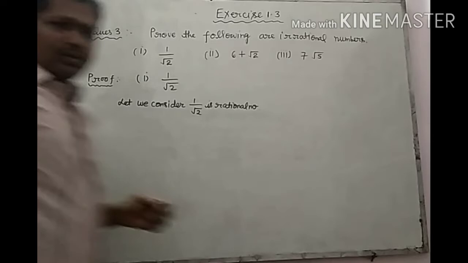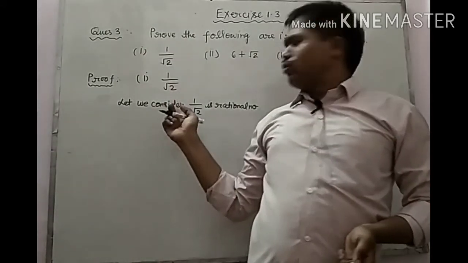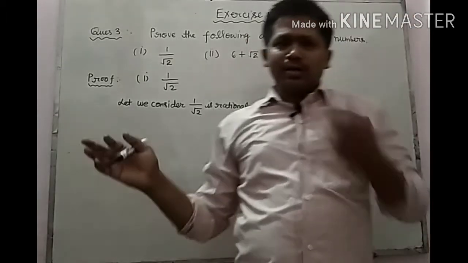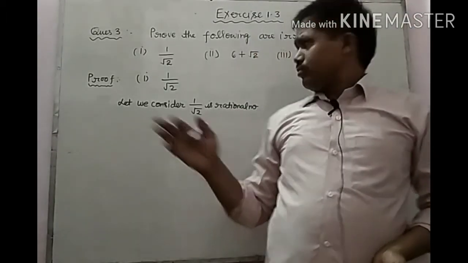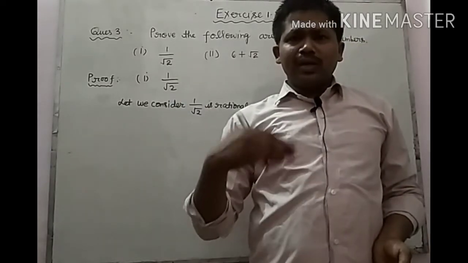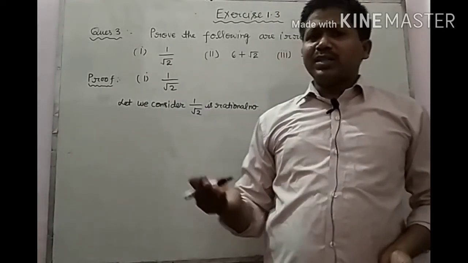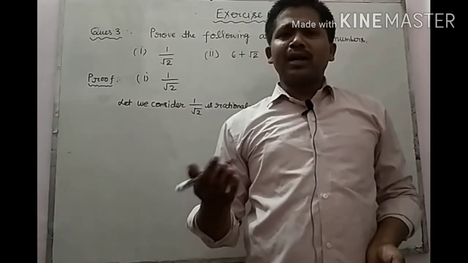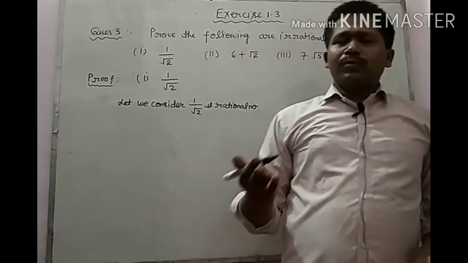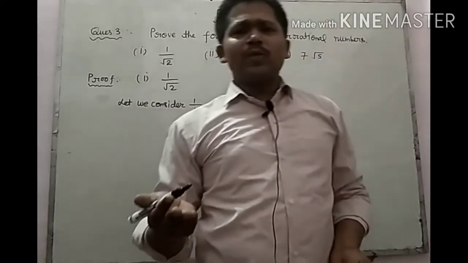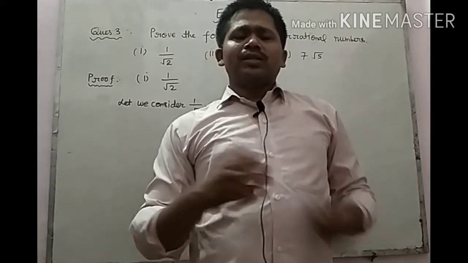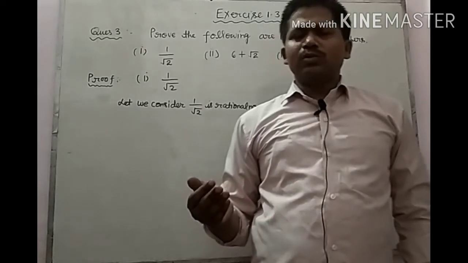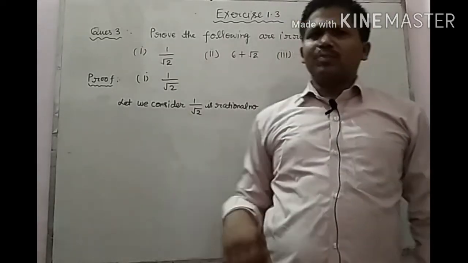Since we consider 1 upon root 2 is a rational number, students, we know that numbers which can be represented in the form of numerator and denominator, where the denominator cannot be equal to 0, that is, the form a by b, otherwise p upon q, is said to be a rational number.